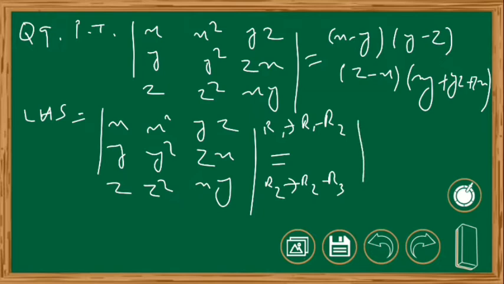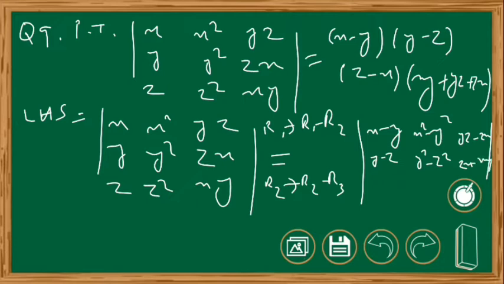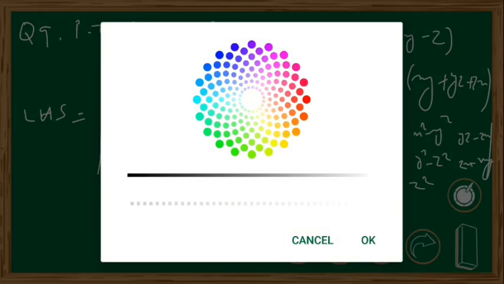Then I will have this kind of matrix: x square minus y square, yz minus zx, and y square minus z square, zx minus xy, and what is left here is z square and xy.